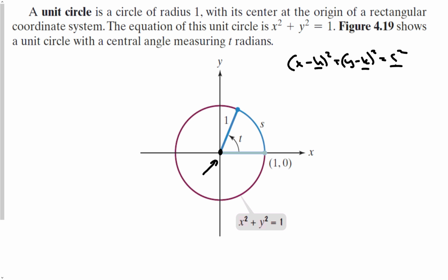So in this case, if the radius is 1, 1 squared would be 1. These two are both 0, which is where we get our equation of a unit circle. So our equation is just x squared plus y squared equals 1. Not terribly important to remember that, but it is good to know what the equation of the circle is, just in case you need it.